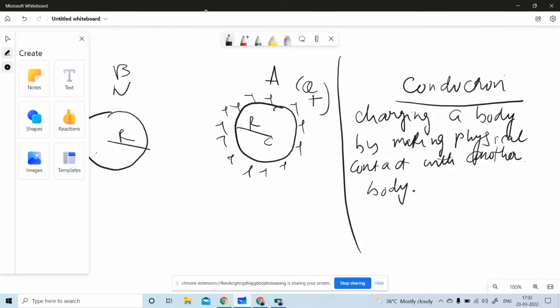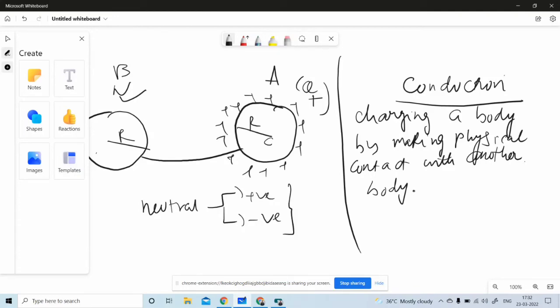Now if I am joining both the spheres with the help of a conducting wire, we'll observe that, see, this is the neutral body. Neutral means the body will have an equal number of plus and an equal number of minus.